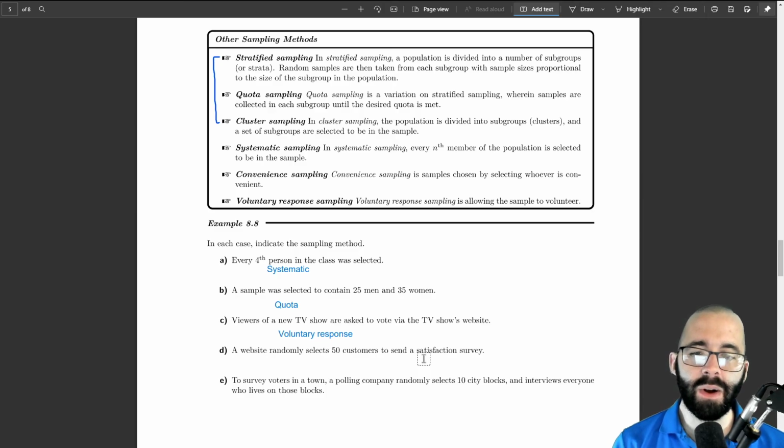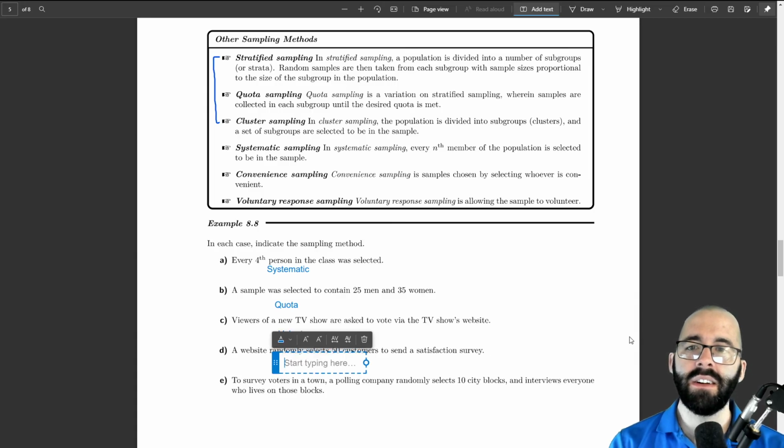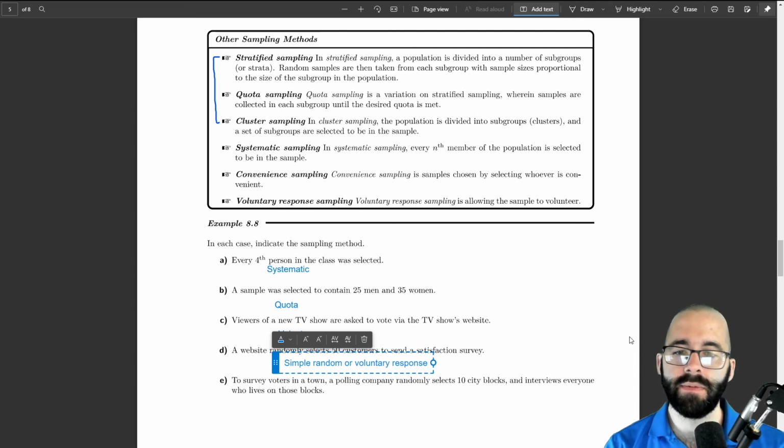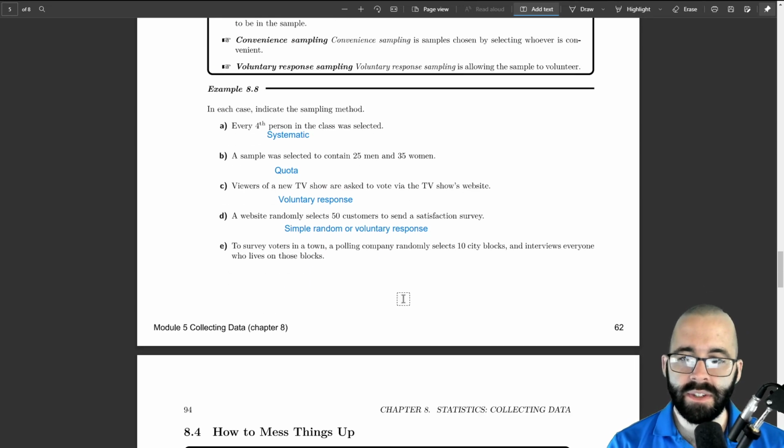It kind of depends on what our population is. I don't think this one's entirely clear, but it's partially simple random, but it's also voluntary response. There's flexibility in some of these.